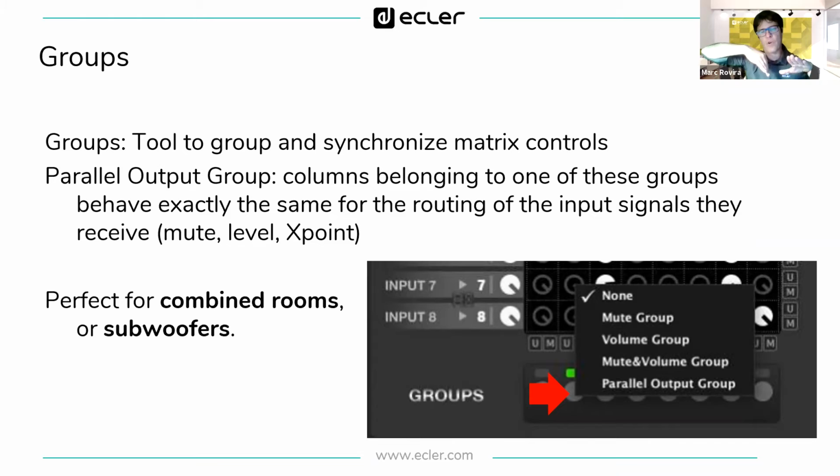But when you unfold this wall, you want these rooms to be combined and act as one single room. So we can activate this parallel output group feature whenever both rooms are together, and deactivate it when they are independent.